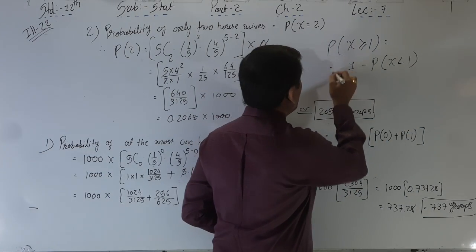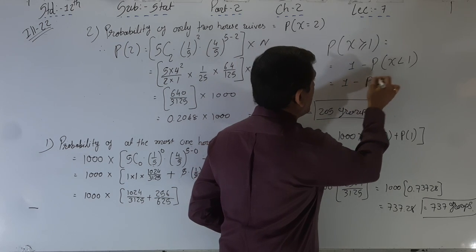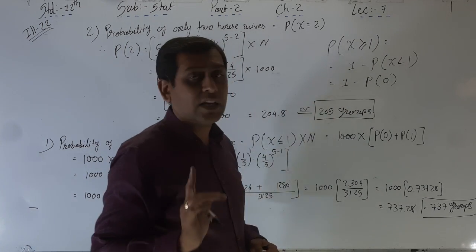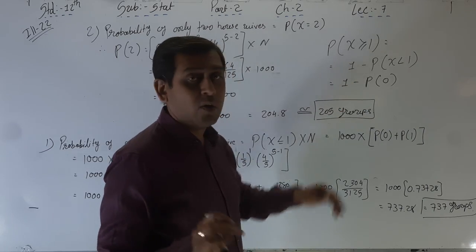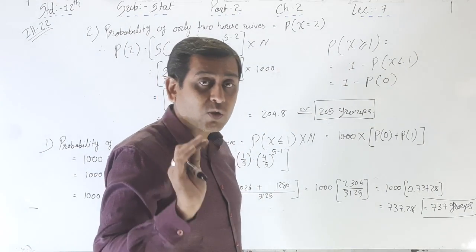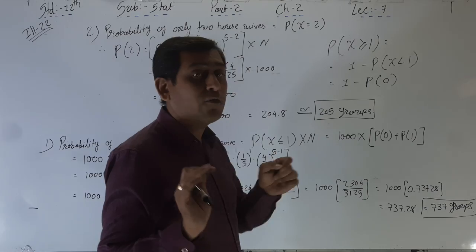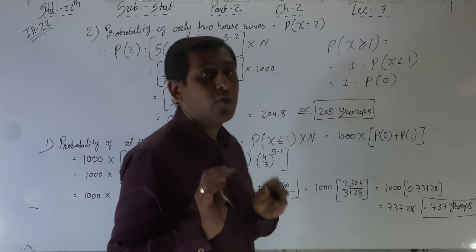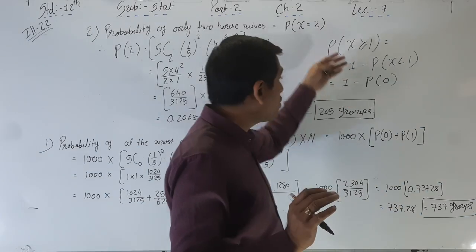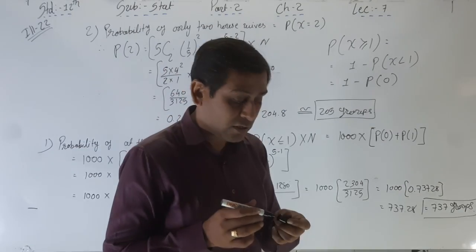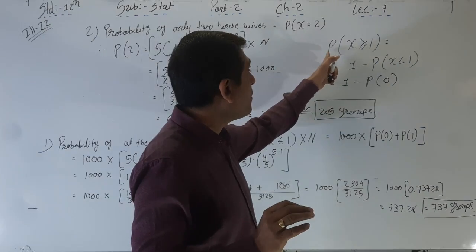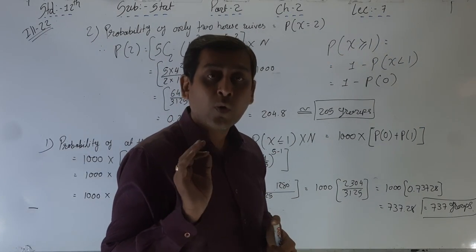Now see here, P of x less than 1, that is P of 0. And we already found that in the first question, that is P of 0. Put the value of P of 0 here and find the second answer. Just 3 steps for the second answer. First, what is the probability at least 1? P of x greater than or equal to 1.